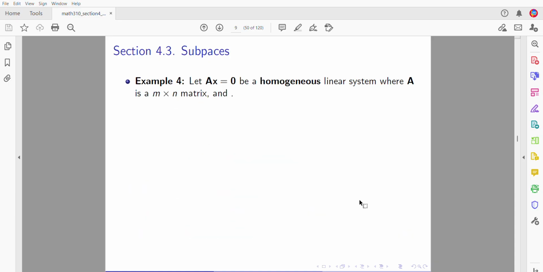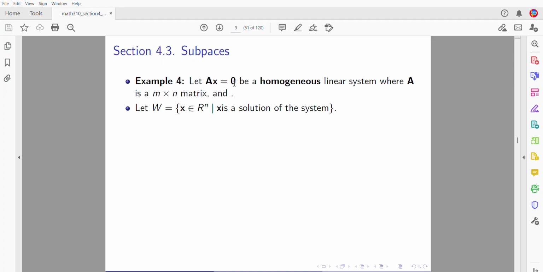Here is another example. Suppose I take a homogeneous linear system. A is an m by n matrix, x is a column, Ax equals 0. So this is a homogeneous linear system. Let W be all those column vectors x in Rn where x is a solution of this.